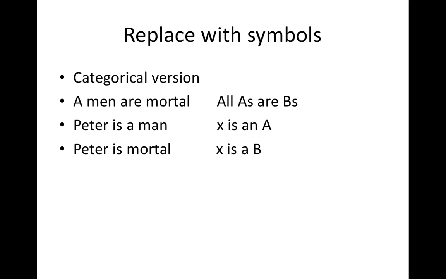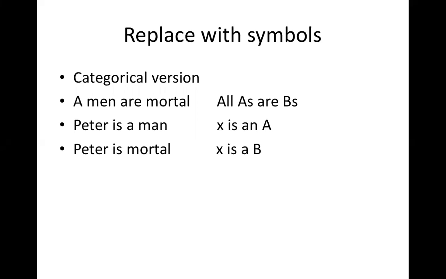Number one, you have men or man, then you have mortal, and then you have someone's name, Peter. So you have three terms or three concepts. So you can replace each of the terms with a symbol. You can say man is A, mortal is B, Peter is X.